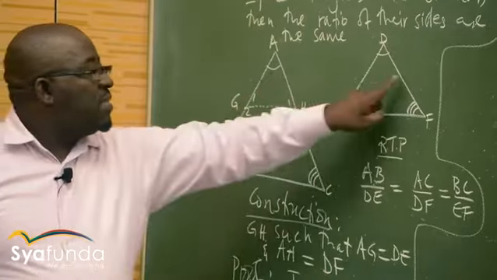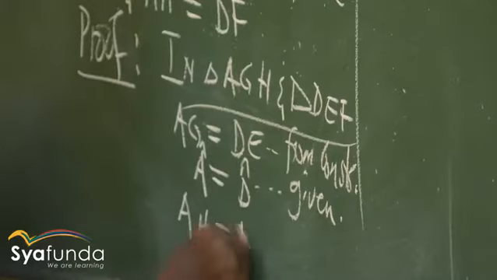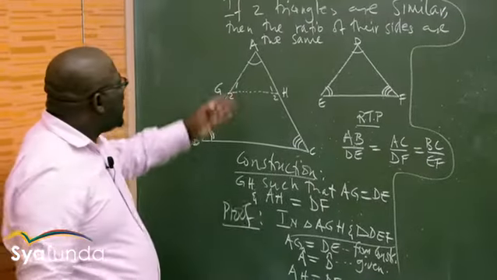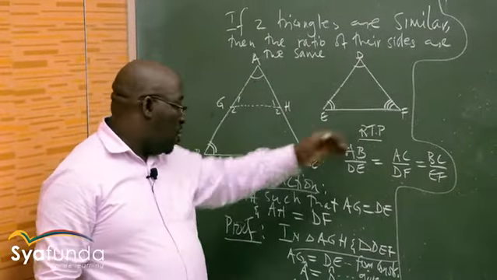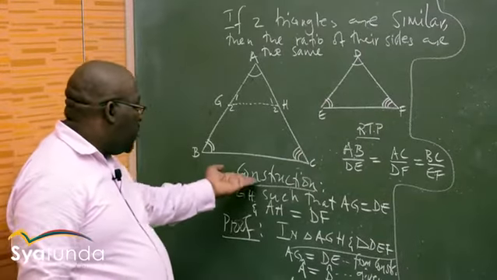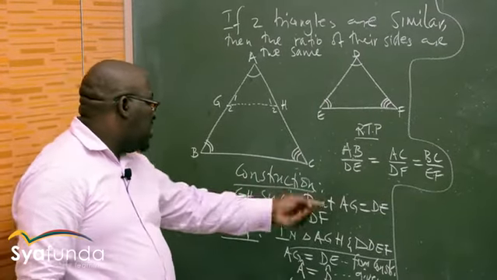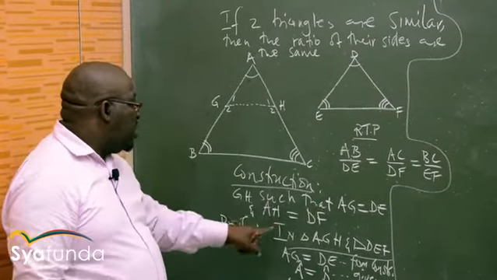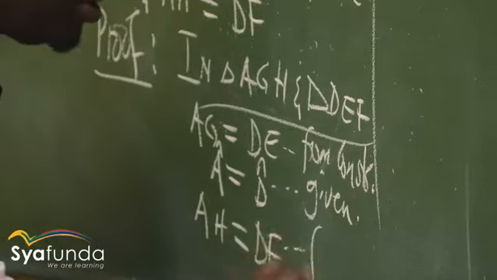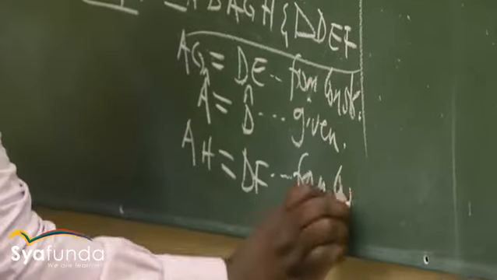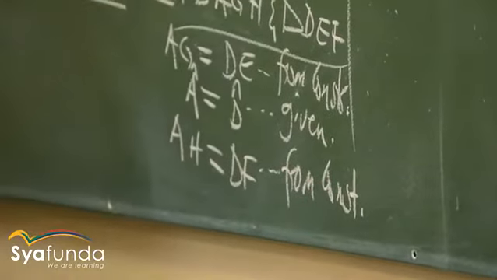This side is the same as that one. Why are these two sides the same? We got it from our construction: GH such that AG is equal to DE and AH equal to DF. We're using that information from construction.